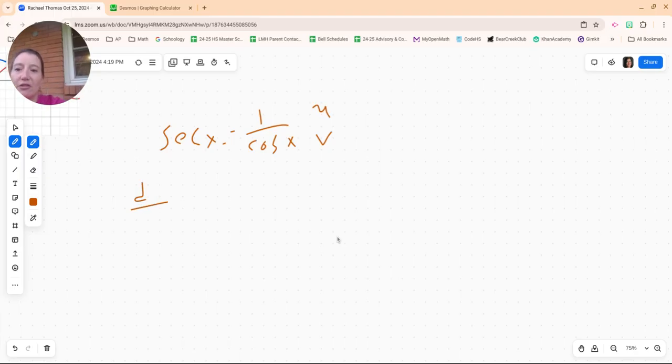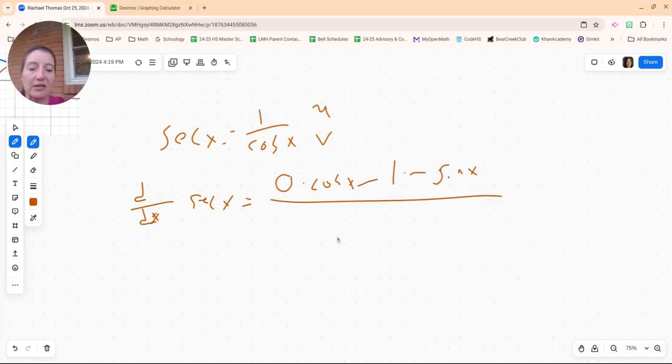The derivative of secant, d dx secant x, is going to be u prime, the derivative of 1 is 0, so that's convenient, times v, which would be cosine, minus u, which is 1, times the derivative of cosine, which is negative sine x. Okay, so it's going to turn into a plus in a second, over v squared.